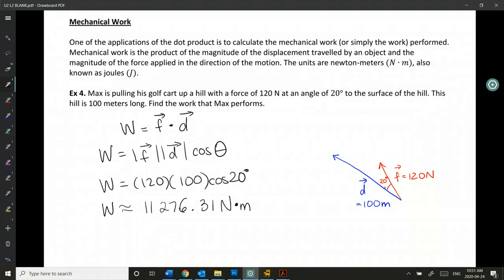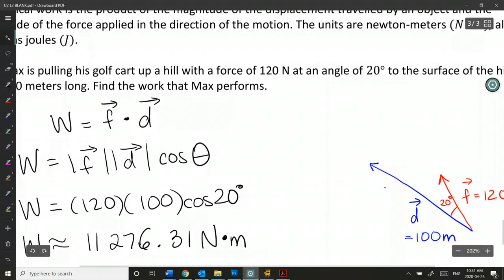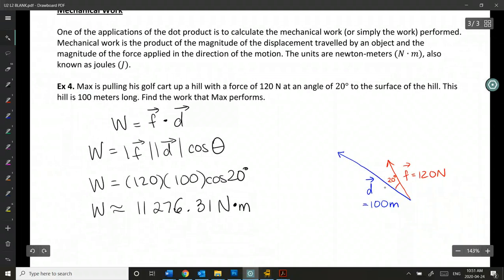Okay, we can also express this as joules, but we're going to do another application later that also uses the measurement of joules. So I like to differentiate work and that later application by using Newton meters for work and joules for our later application. So I'm going to keep this as Newton meters. But if you put joules, that's fine as well.